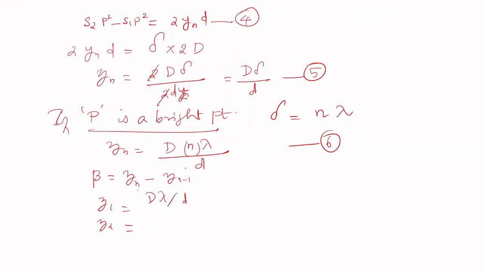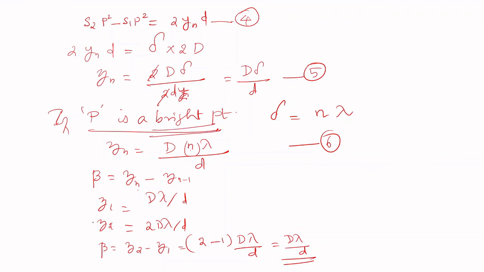And y2 is n equal to 2, so 2D lambda by d. Now beta is y2 minus y1, which is 2 minus 1. D lambda by d is the common factor in both, so it will be just D lambda by d. So beta we got D lambda by d. So this is when it is a bright point.